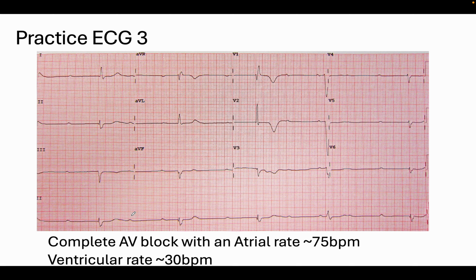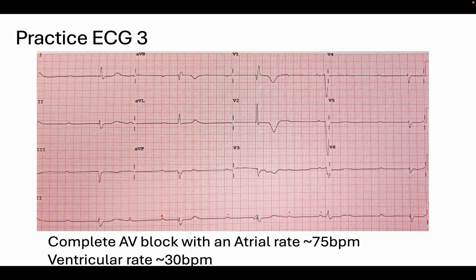So try to find P waves that are consecutively occurring together. We can see a P wave here that's clearly not conducted. We found a P wave here that looks like it might have conducted, however, we're not 100% sure. And we've got a P wave here, a P wave here, a P wave here. So at the moment, we're thinking, could this be a really massive first degree AV block, or could this be a 2-to-1?